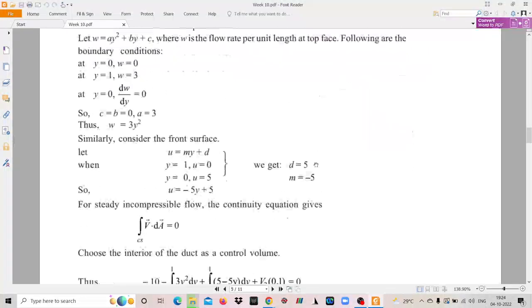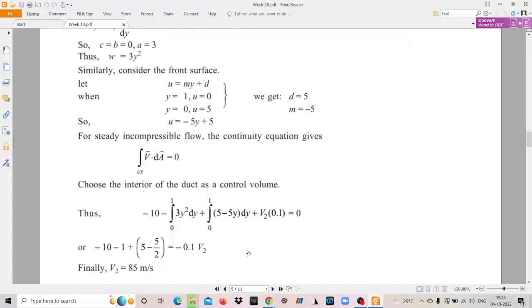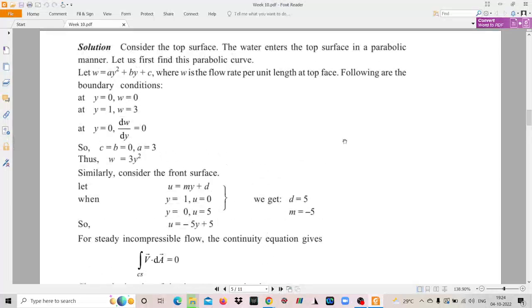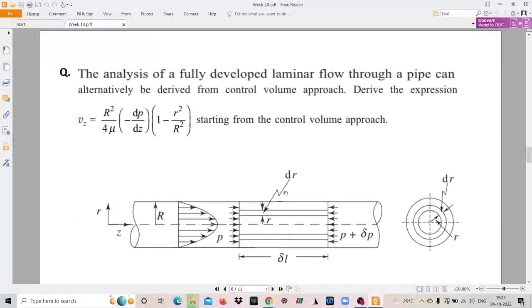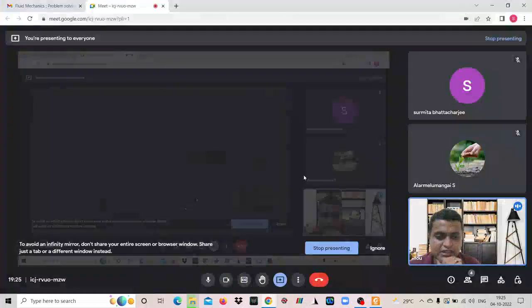Then the water that is leaving is positive, the integral from 0 to 1 of 5 minus 5y, and then v2 into 0.1. These are very simple integrals. When you integrate, you can see that the only unknown in this equation is v2, which is 85 meter per second. So I hope this problem is clear. In case of any doubt, please ask.